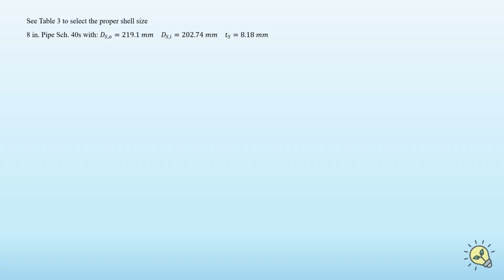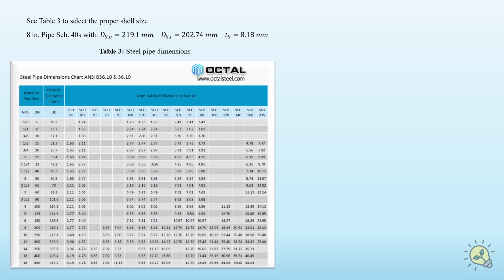We have to select a standard size. If we go to table 3, which shows the nearest pipe size that can be used as a shell, that is 8-inch pipe, schedule 40S, which is of course made of steel.